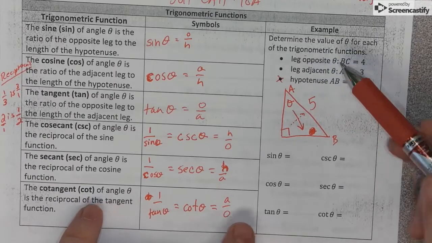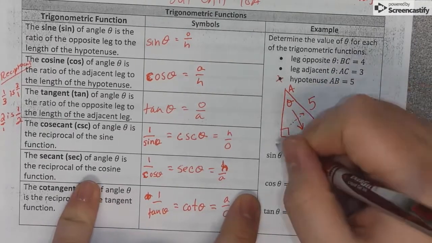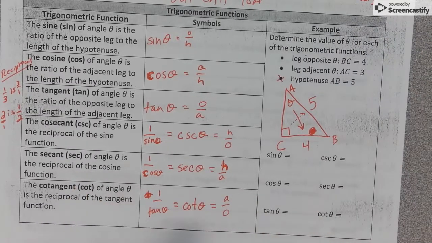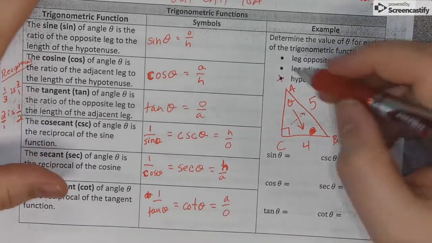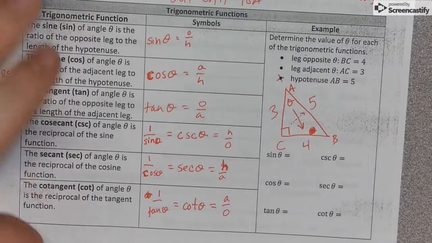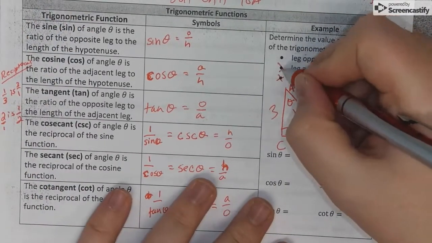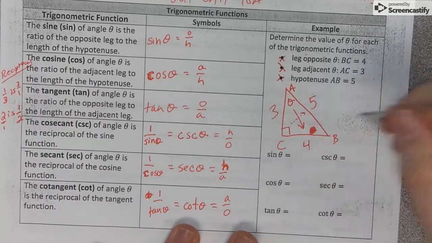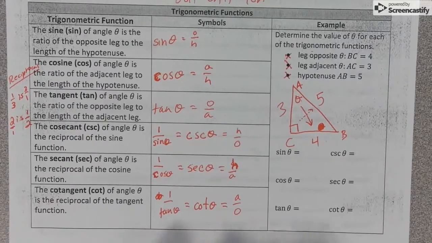So the leg opposite of theta is BC. This will be 4. And then the last one is going to be 3, so the leg adjacent is AC. You just want your picture to be consistent with the facts that they gave you. So this is where our theta should be.